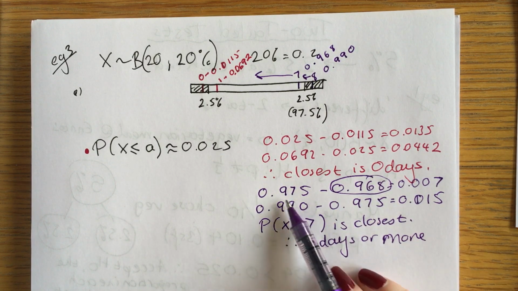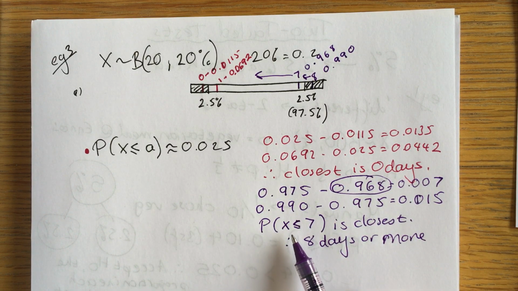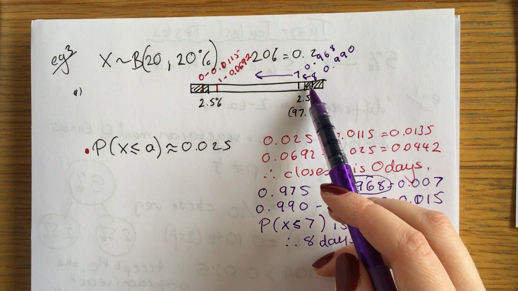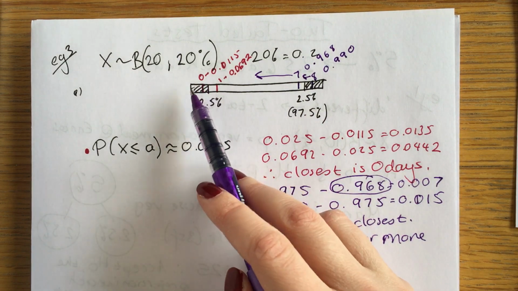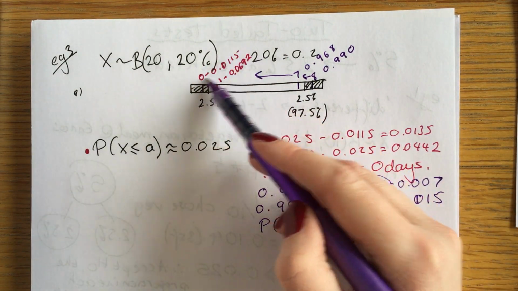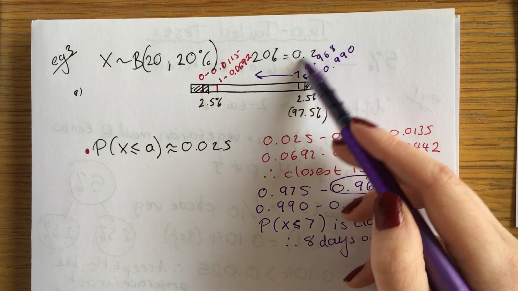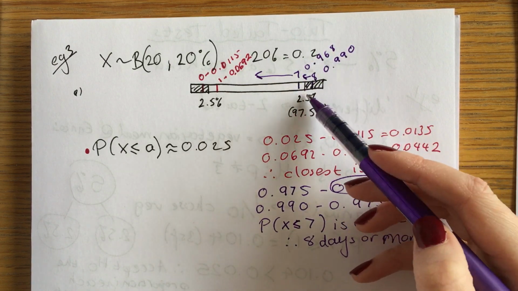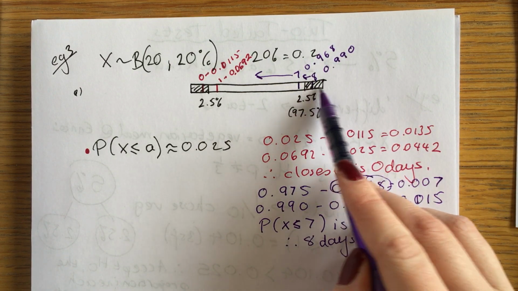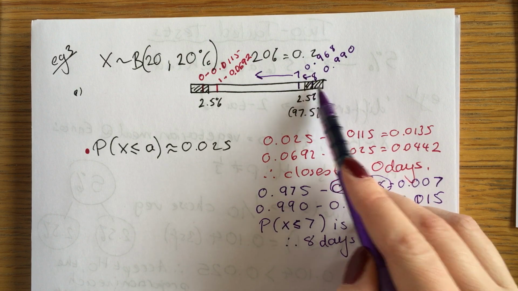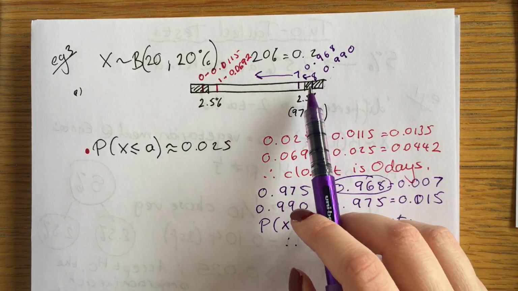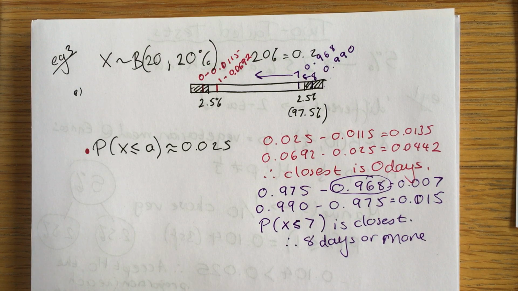If we found that the probability of x less than or equal to 8 was closest, then 9 days or more would be our critical region. This 7 was technically outside of our region, but it was the closest to 2.5% off the top end. So that's why we're looking at this one.